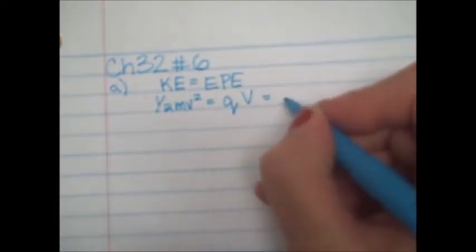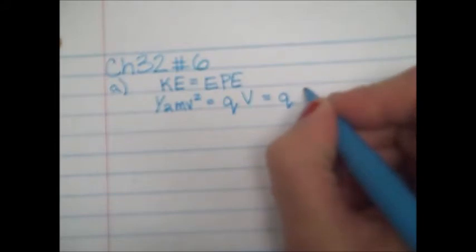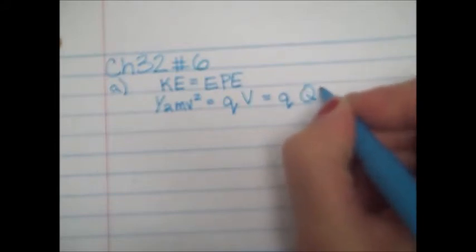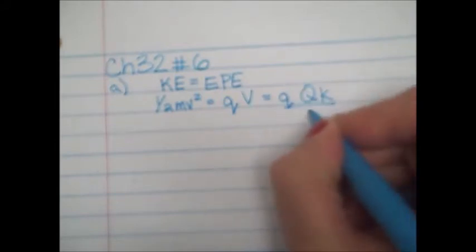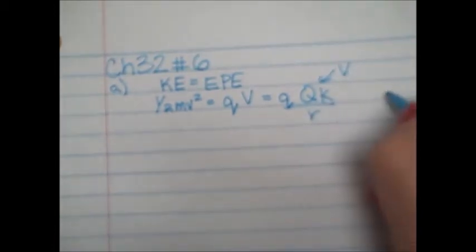And the V comes from the gold nucleus, so this could be little q times big Q, k over r, where this part is representing that initial voltage. r is 25 fm, which is times 10 to the minus 15th meters.